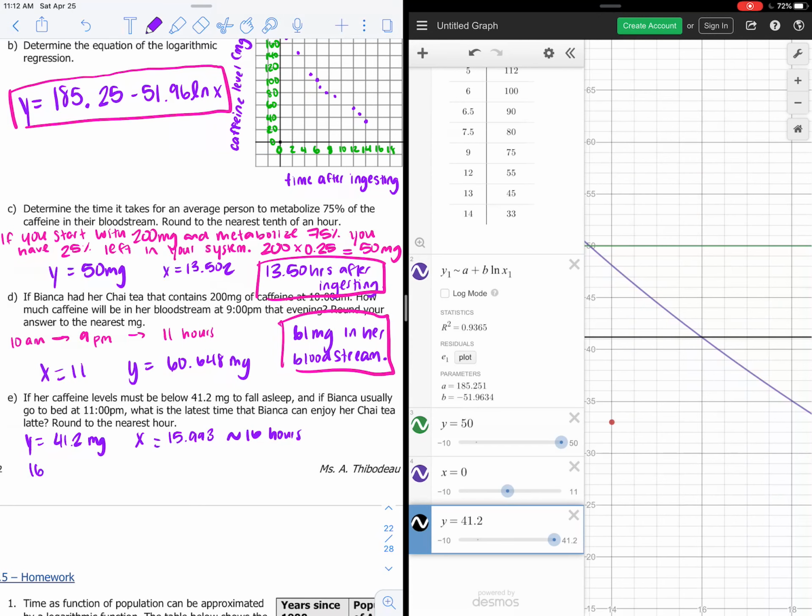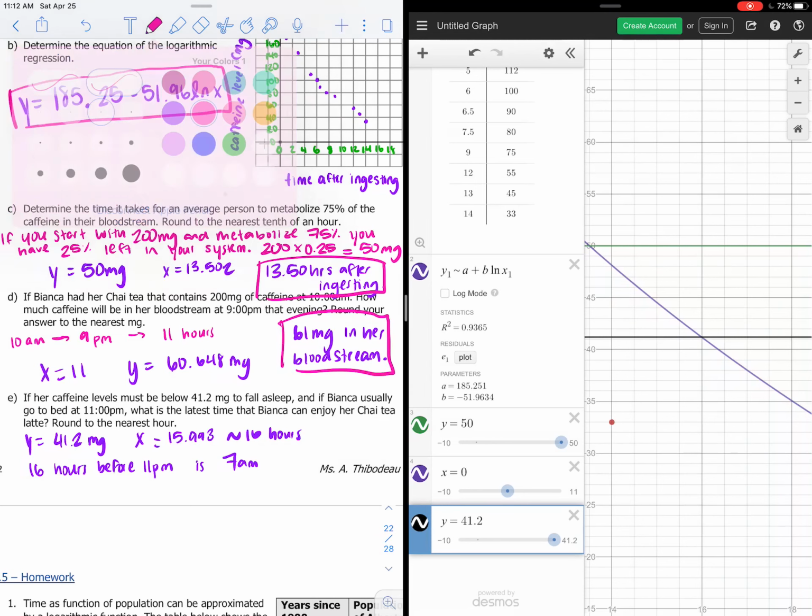So if you count backwards, 16 hours before 11 p.m. is actually going to be 7 a.m. So Bianca must have her chai tea latte at 7 a.m. in order for her body to process enough of that caffeine so that she can fall asleep at 11 p.m., which is just straight up crazy.